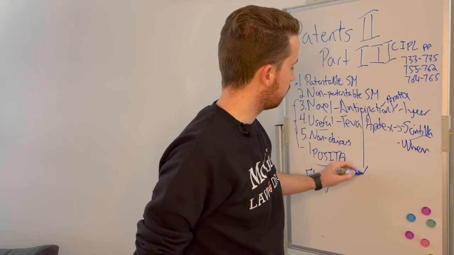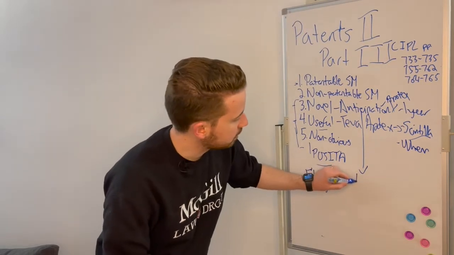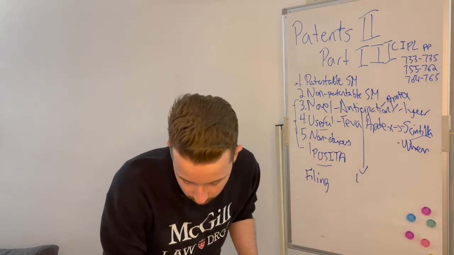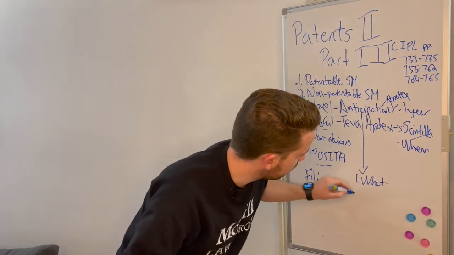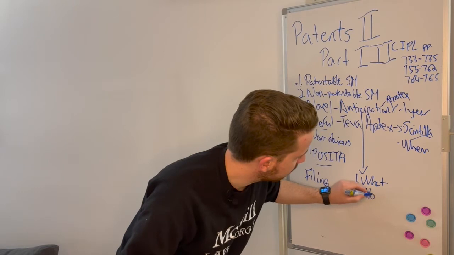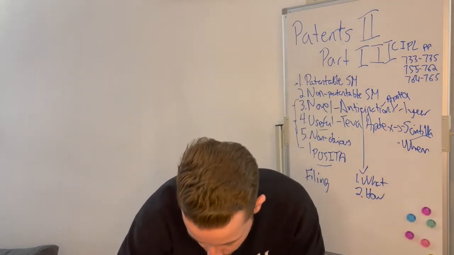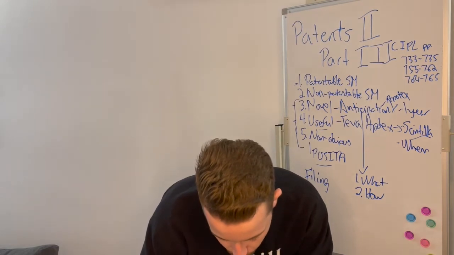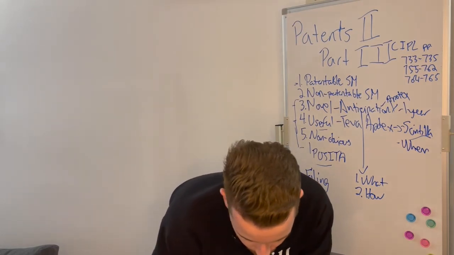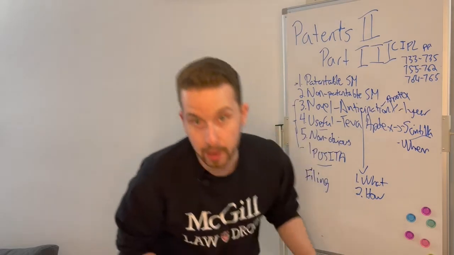And what does anticipation mean? Anticipation has two aspects to it. First, really what, and then second, how. And there's differing standards to both of these things. So there are two things that you're disclosing to the person when you're making a public disclosure.